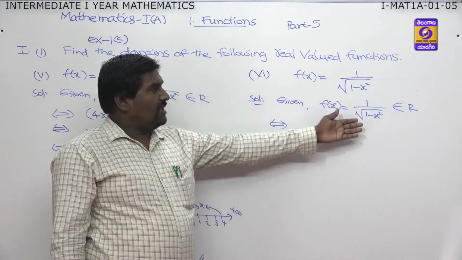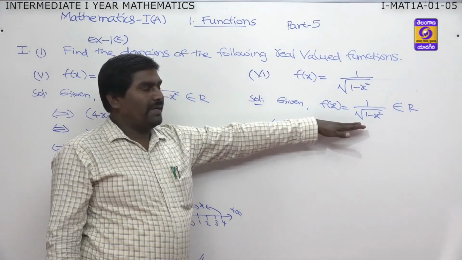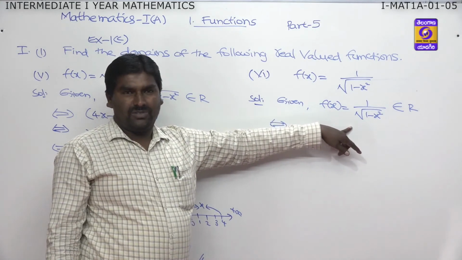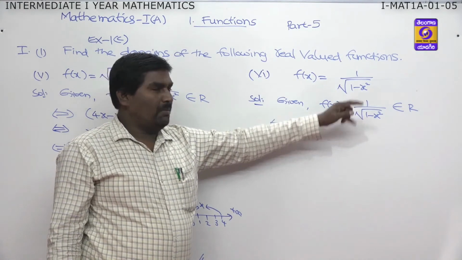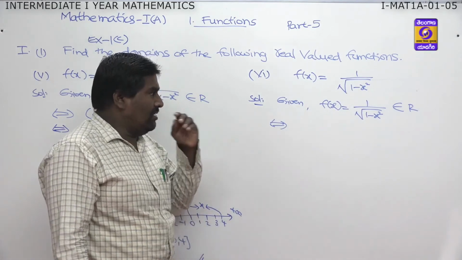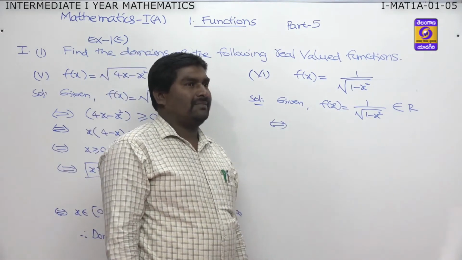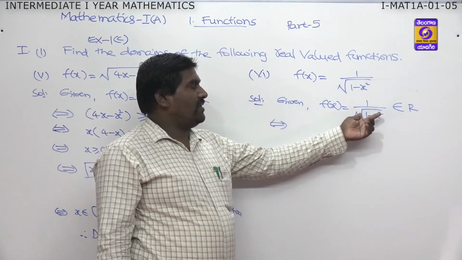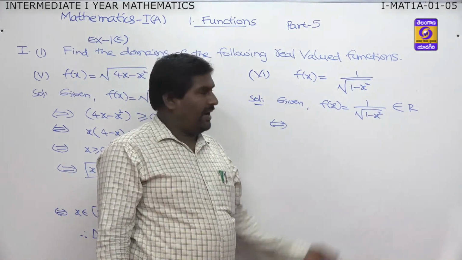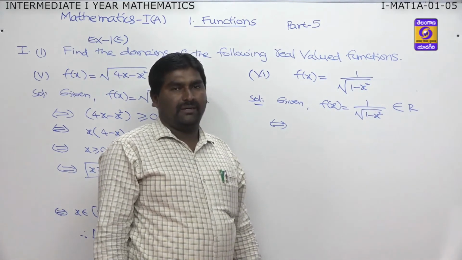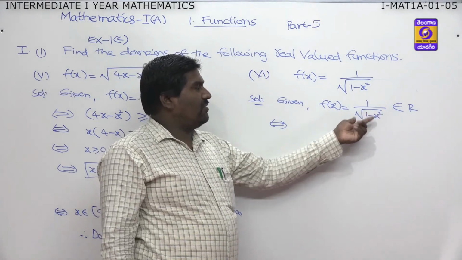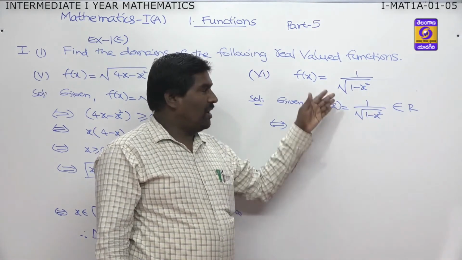Here, 1 minus x square is under the square root and it is in the denominator.